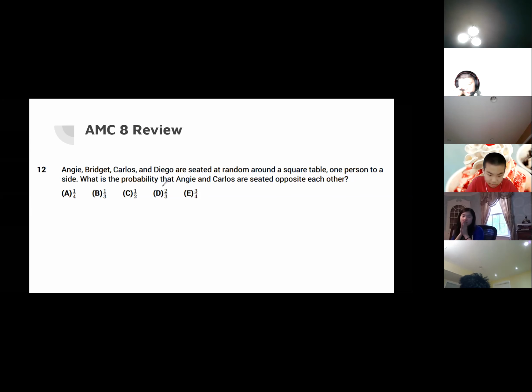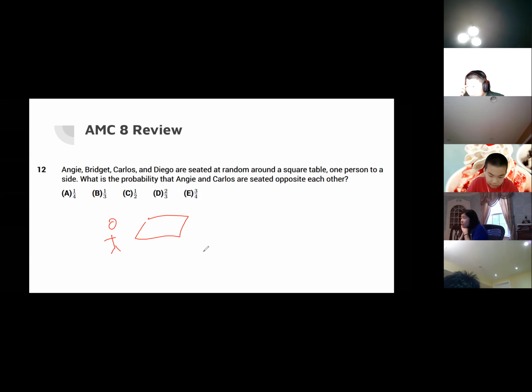So for this one, you can think of it two ways. I think a lot of people are sort of overthinking it. But if you first just fix Angie to one side and think about the seating relative to her, then Carlos can be in any of these three seats.